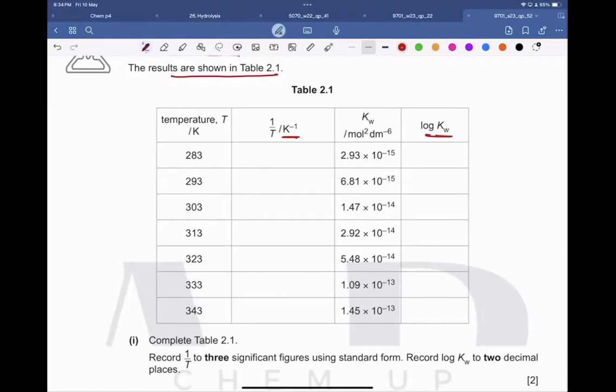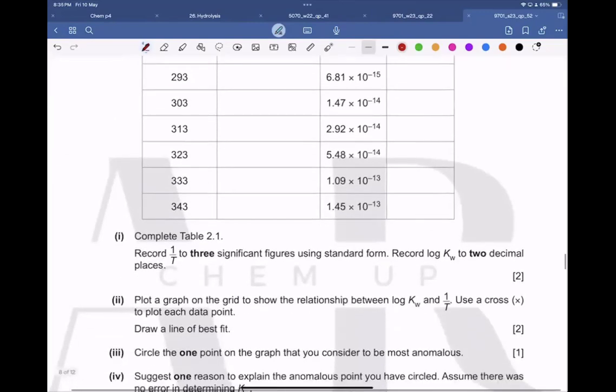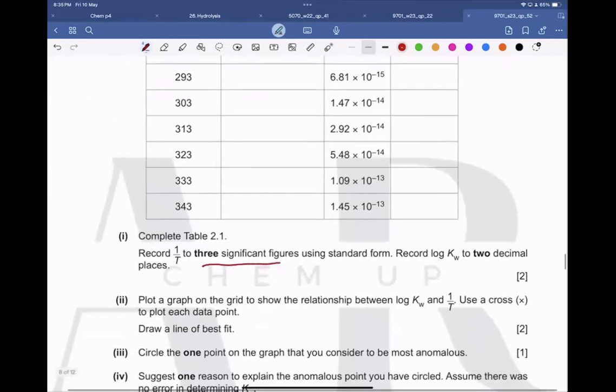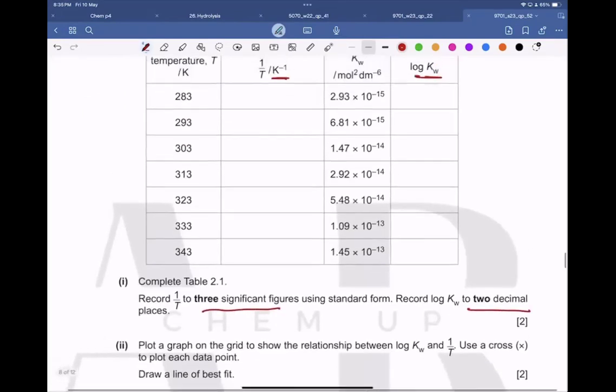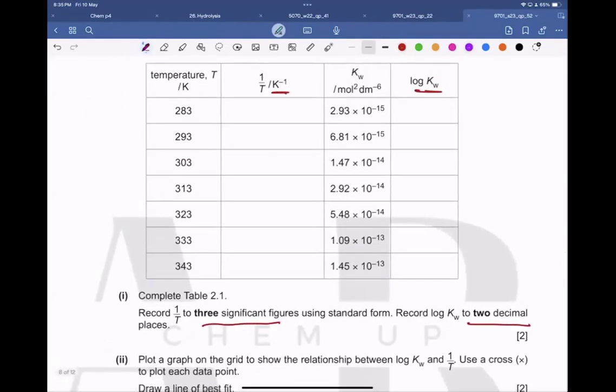Okay. You have to write in three significant figures, and Kw to two decimal places. So the first one is 3.53 exponent minus 3.